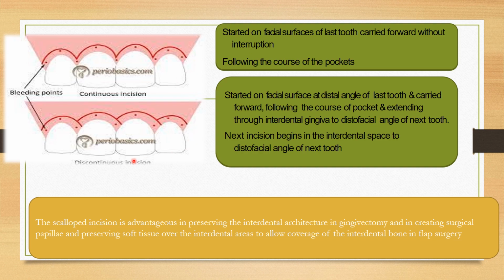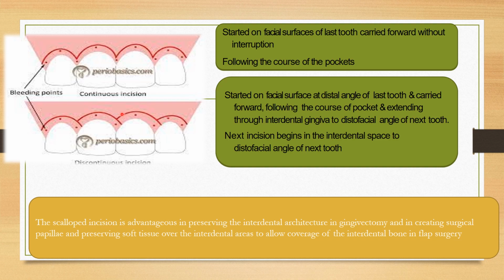In the discontinuous incision, it will be started on the facial surface of the distal angle of the last tooth. This is the distal angle, and it will be carried forward following the course of the pocket and extending through the interdental gingiva to the distofacial angle. You can see that it will be stopped here, and the next incision will start from the distofacial angle to the next tooth.